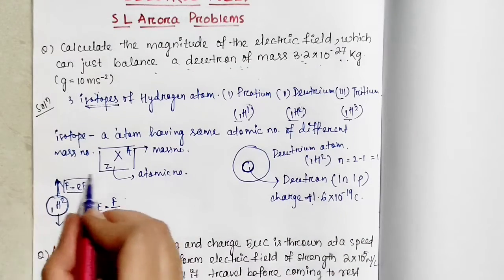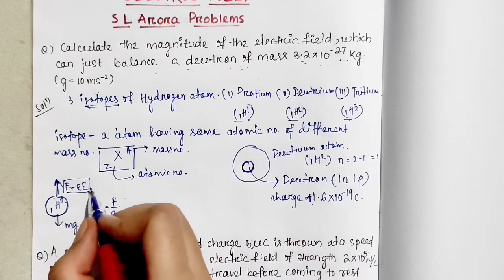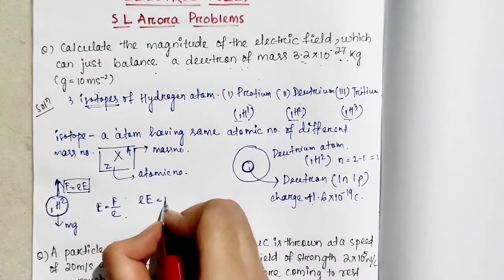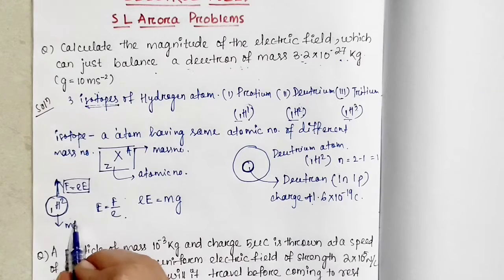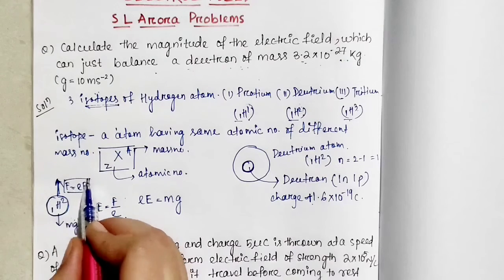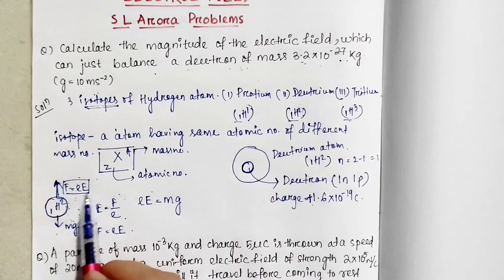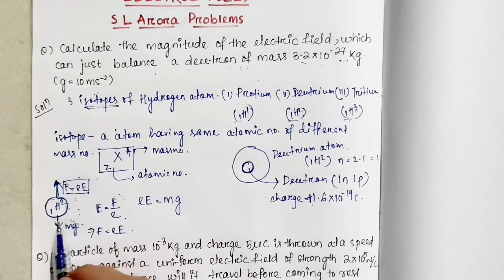According to this formula we balance these two forces: qE = mg. Here the gravitational force balances the electrostatic force. If we place the charged particle in space, then due to the electric field a force is exerted on it which is upward, and due to gravity the force is acting downward, that is mg.